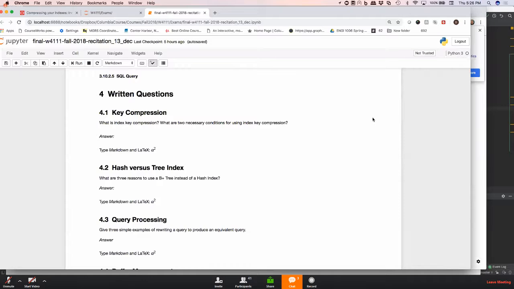So it's equality. If I had a hash index on last name, first name, the only where clause that would work would be where last name equals something and first name equals something. So I need all the fields that make the key, and the only comparison operator is equality. Anything other than that, it doesn't work.